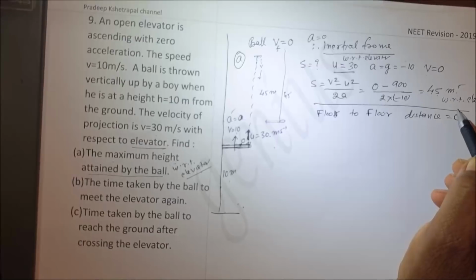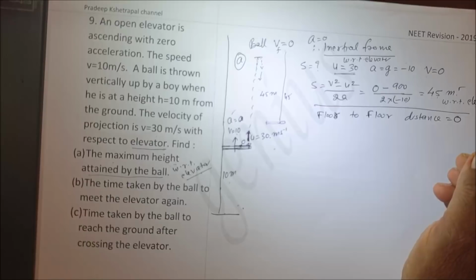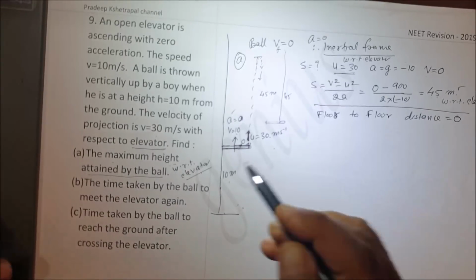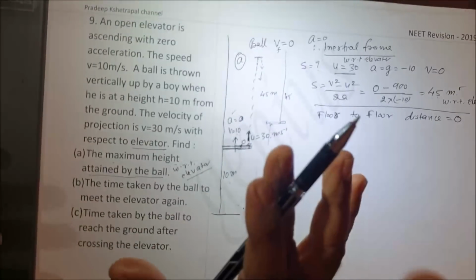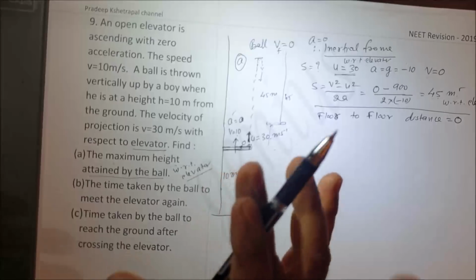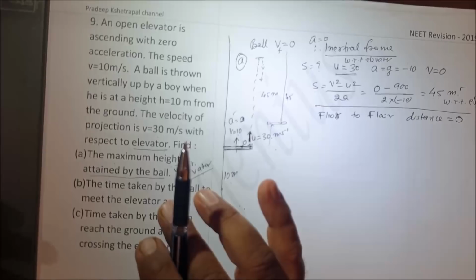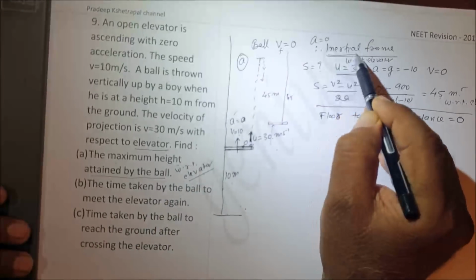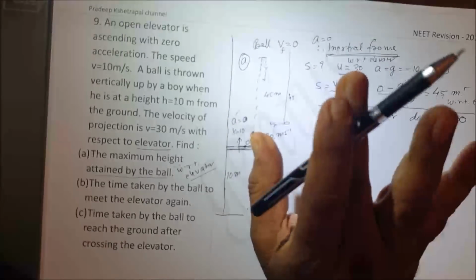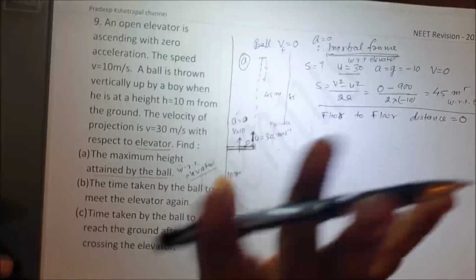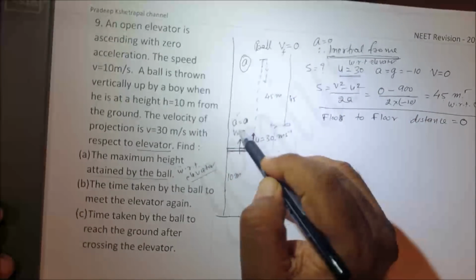Again, if you are confused about how floor to floor distance is 0, it is because the floor is moving up. So our answer is, we are not considering that. We are considering it just like a train compartment. Inside the compartment, this is an inertial frame. So everything we have to do is as if we are not seeing outside, because the acceleration is 0.